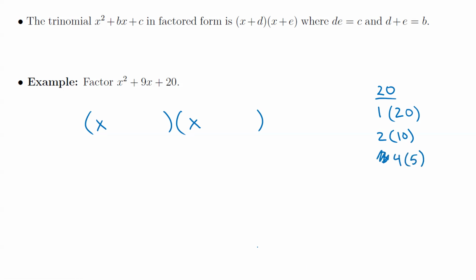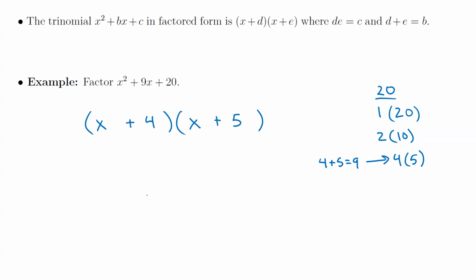And so I'm thinking about those three possibilities for how to make 20 and asking which of those, if I put them in, will make the outside plus the inside give me 9? Well, this one right here, 4 plus 5 equals 9. So that means that should work.